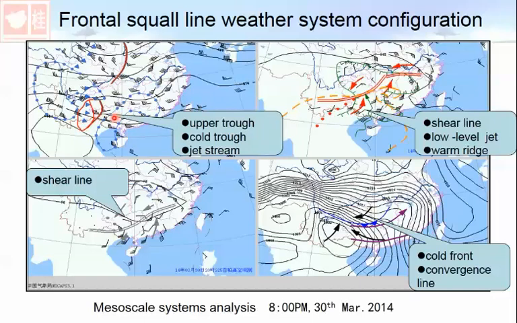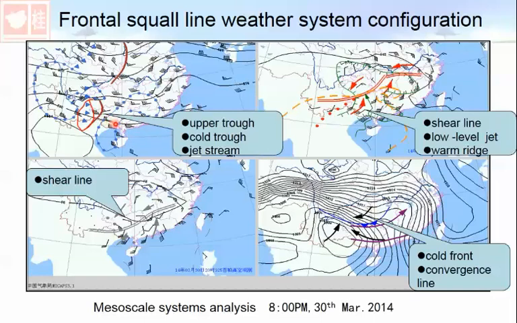There was a wide range of cooling area before the upper trough, with cooling reaching 2 to 4 degrees in 24 hours. And second, the subtropical jet passed over the northern part of Guangxi, and it provides very good vertical wind shear conditions for severe convective weather.